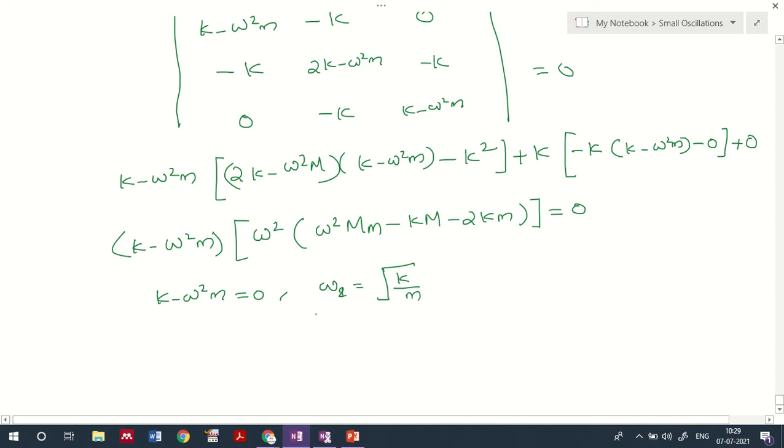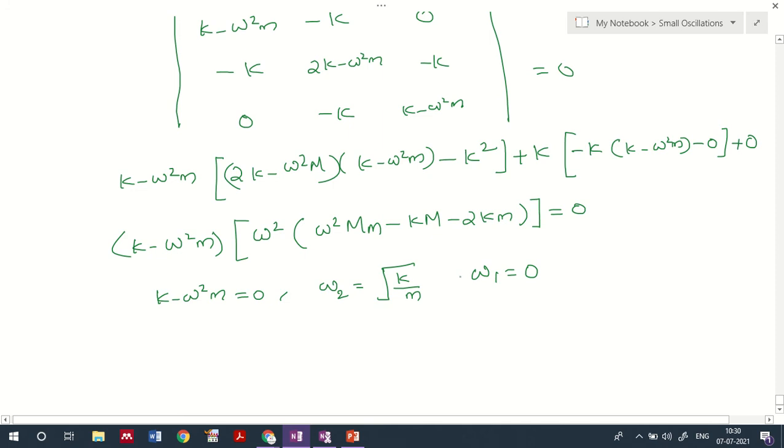And you also have omega square alone here, which we equate with 0, that means omega 1 equal to 0. So the first root is omega 1 equal to 0, and the second one is omega 2 equal to root k by m.